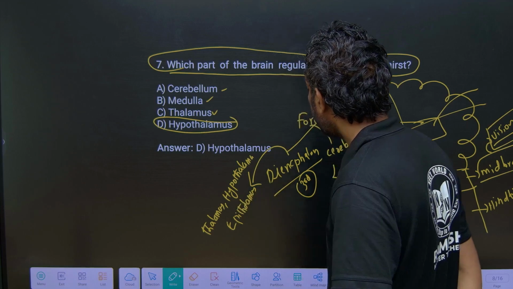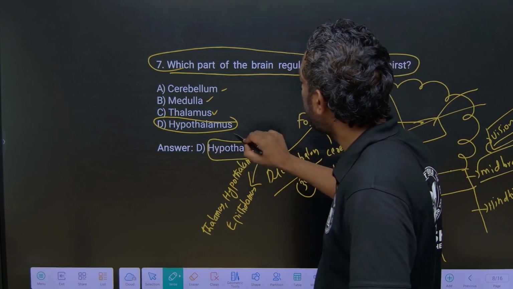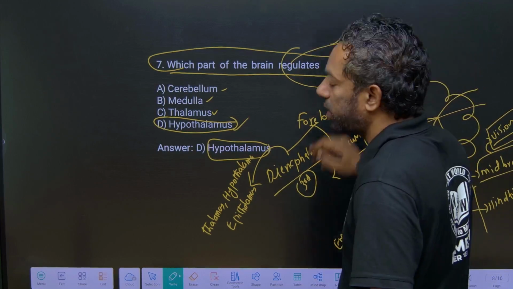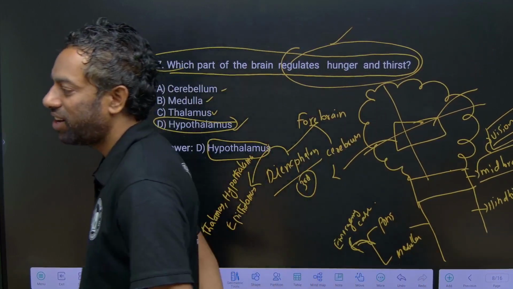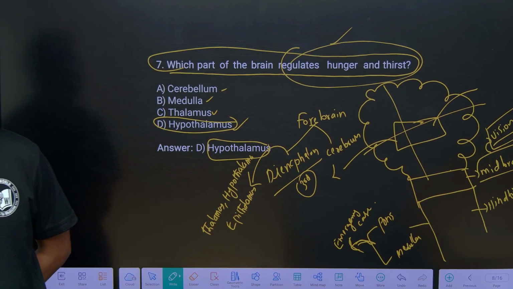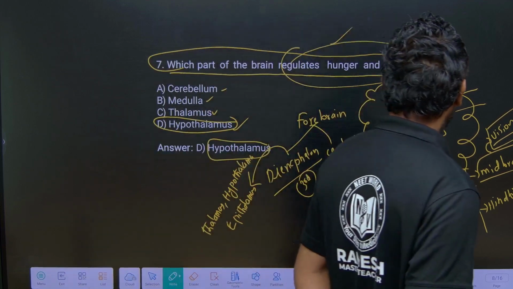So the hypothalamus is part of the diencephalon. It regulates hunger. This is actually the best question, the very best question. You have to focus on this.